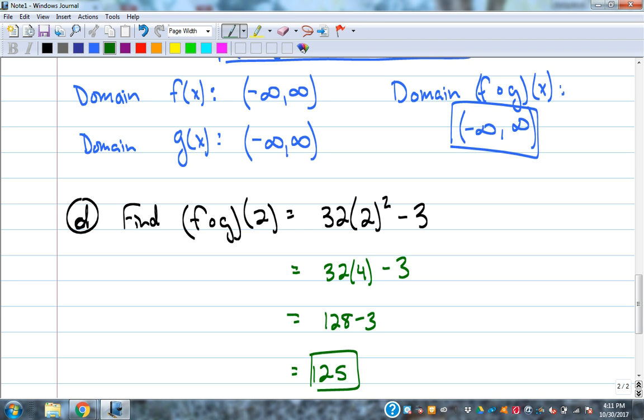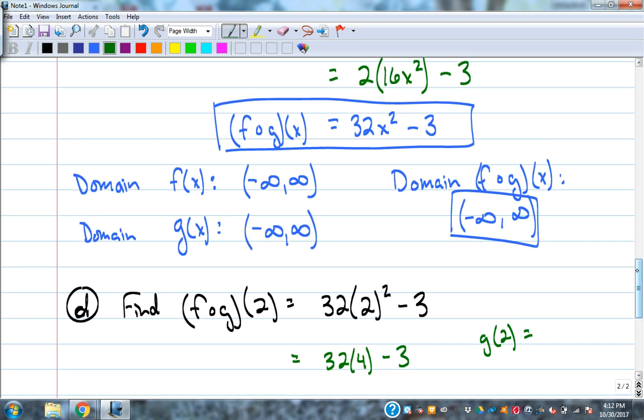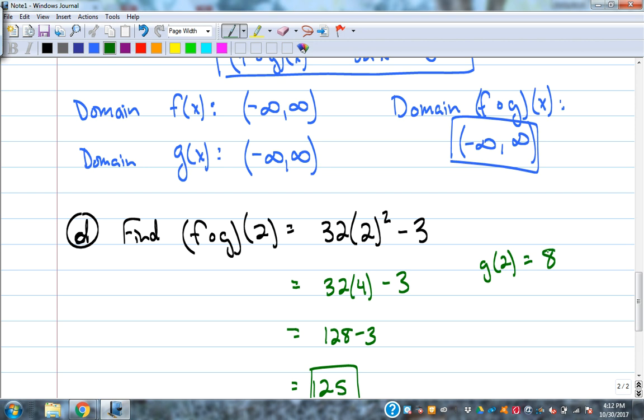Another way you could do that would be find g of 2. If you went back to the original function, g of 2 would be 2 times 4, and that's 8, and then find f of 8. That's a way to get that function value without doing the actual composite function. Go one step at a time: go into the second function, get its answer, take that answer and plug it into the first function.